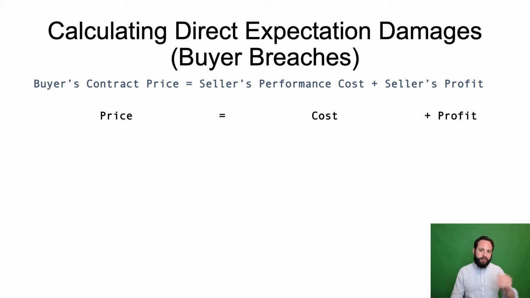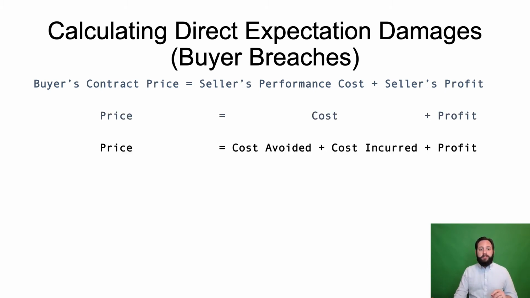If you breach the contract by not buying the car, there is, in this case, some cost avoided by the dealer. So let's next split costs, seller's costs, into two types of costs: costs that have been avoided, that the seller didn't have to pay because of the breach, and costs incurred.